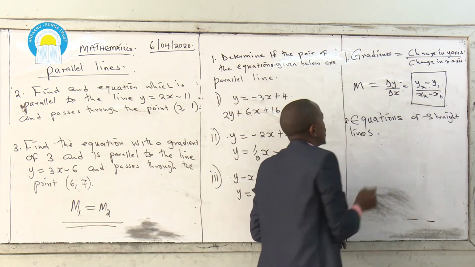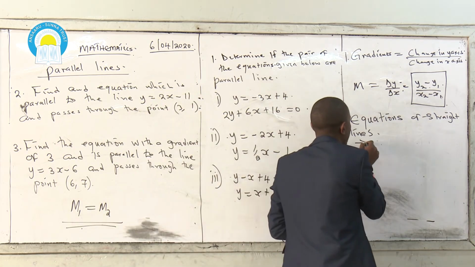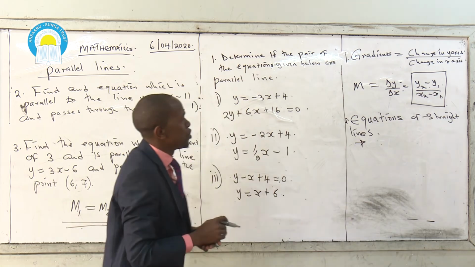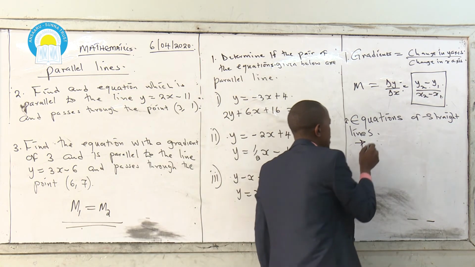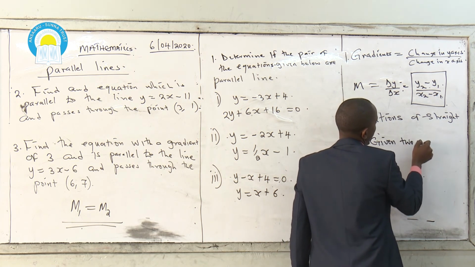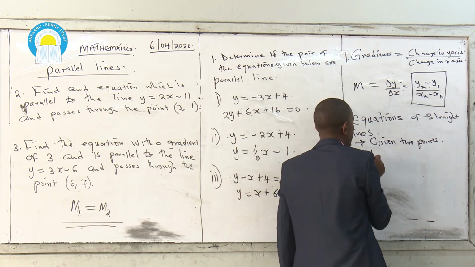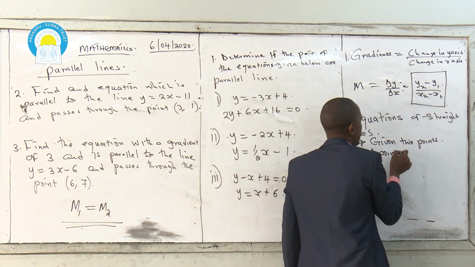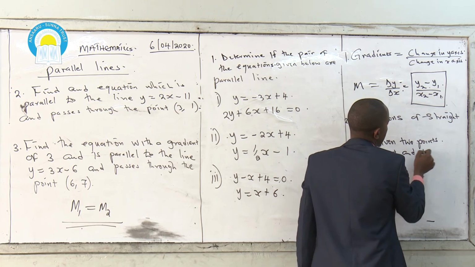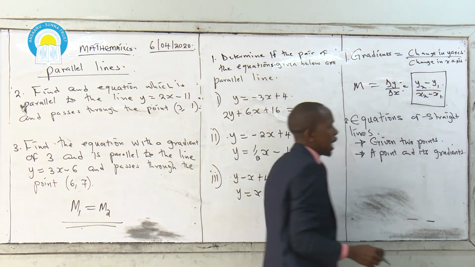Number 2 is equations of straight lines. And then we said there are 2 ways of finding equations of a straight line. One, from given 2 points. And number 2, from a given point and its gradient.